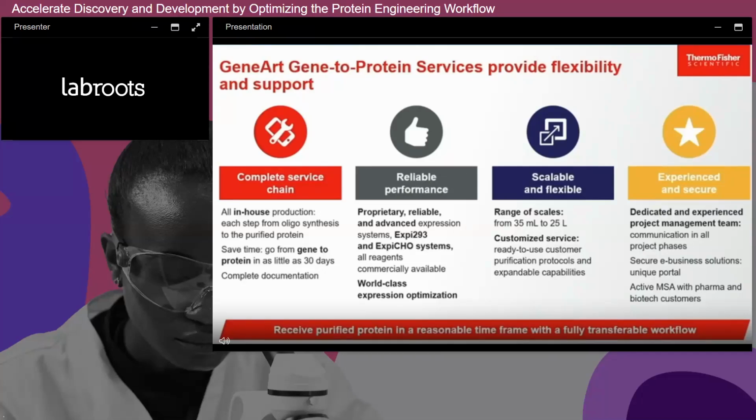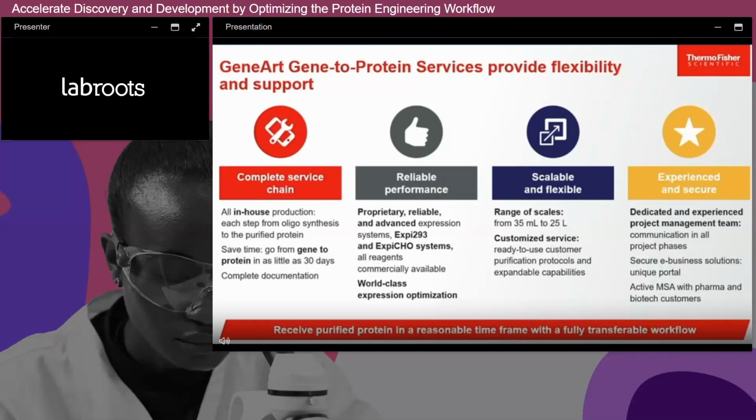You will have a reliable performance due to the fact that we use best-in-class expression systems such as XP293 and XPCHO. And you can take the same system and replicate the results we get in the lab in your own lab. And you have a scalable and flexible service where we can really satisfy your needs in terms of different protocols, buffers, and different scales.